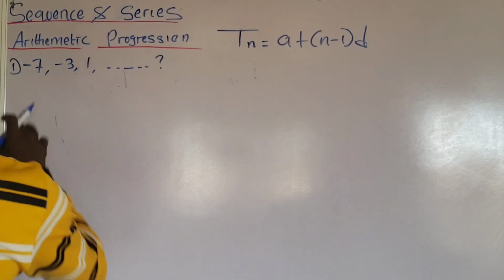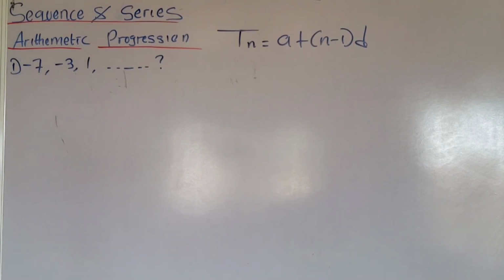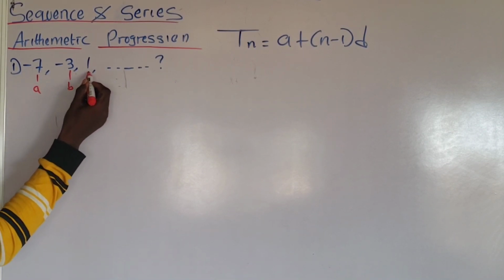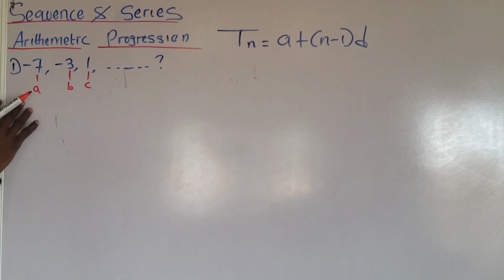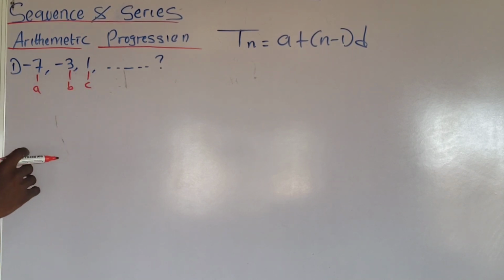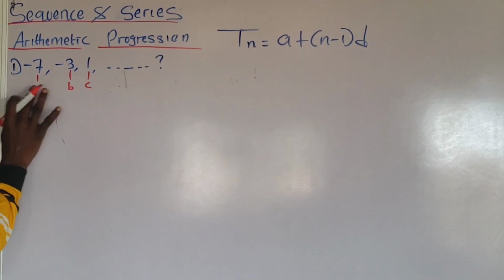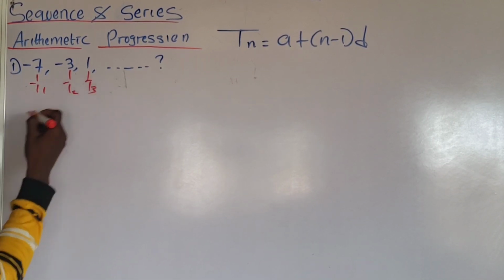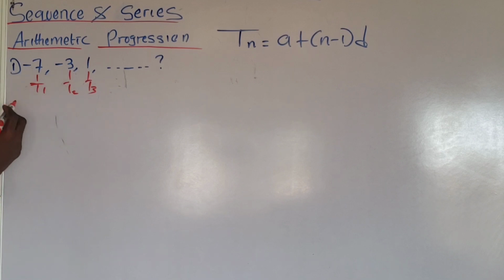For example, if you look at this progression, this is the A, this is the B, and this is the C. If I want to know the difference, I can take the difference between B and A, or C and B. This is the first term, second term, then third term.